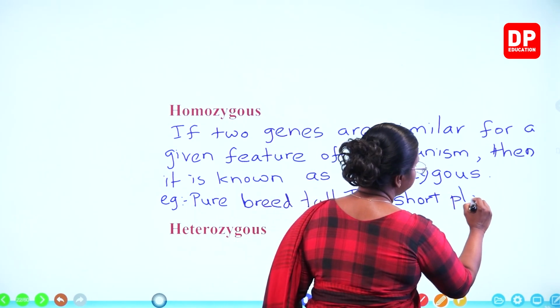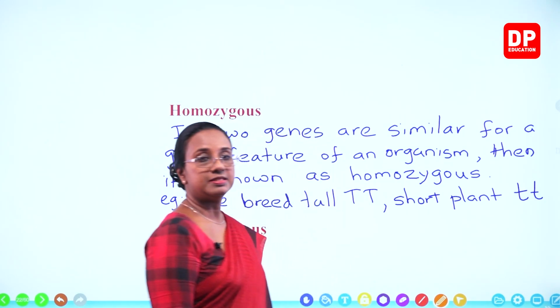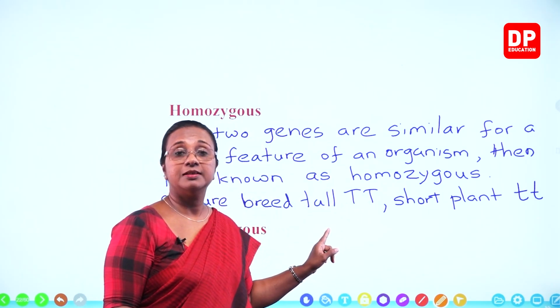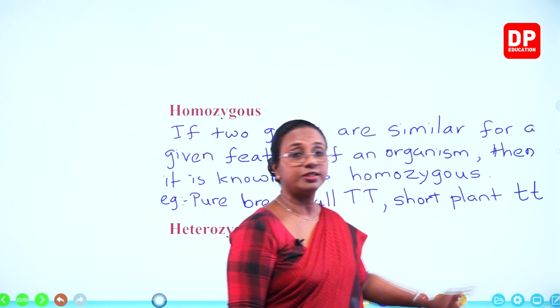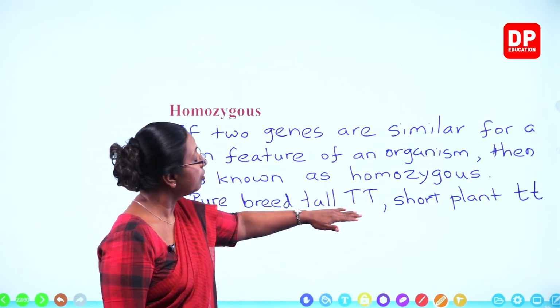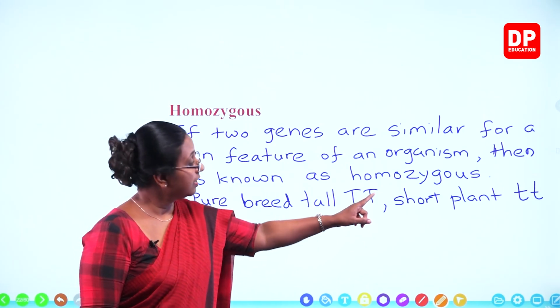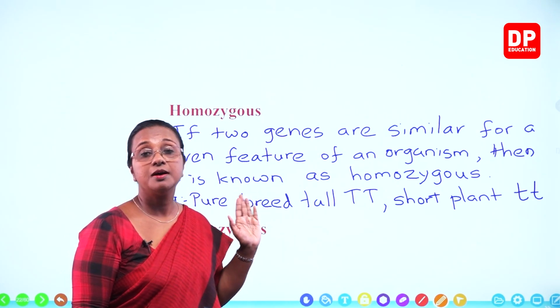Short plant, we had simple T, simple T. So here both represent tall character, similar genes. Here both represent short character, similar genes. So this is a homozygous tall plant, whereas the other one is a homozygous short plant.